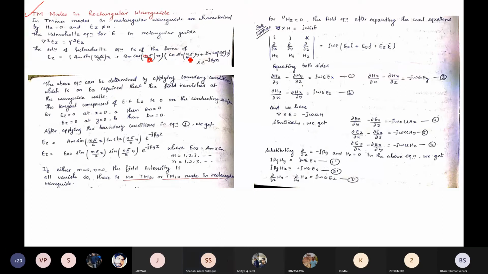Now we need to check the boundary conditions.